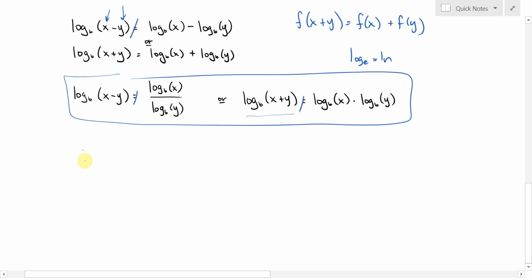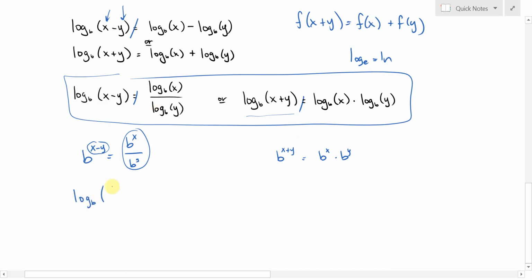This would work if we were dealing with exponents. b to the x minus y equals b to the x over b to the y. It takes subtraction inside the function and turns it into the quotient outside the function. Or over here it takes addition inside and turns it into multiplication outside. So these properties, you're thinking of the exponential properties. The logarithm properties work in exactly the opposite way.